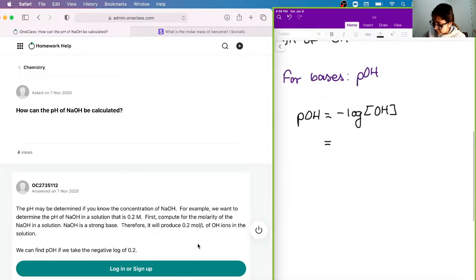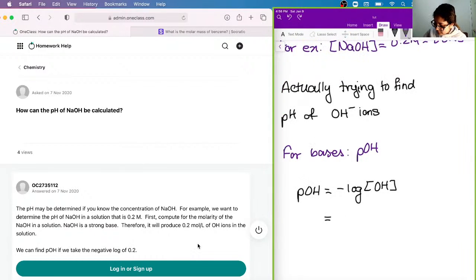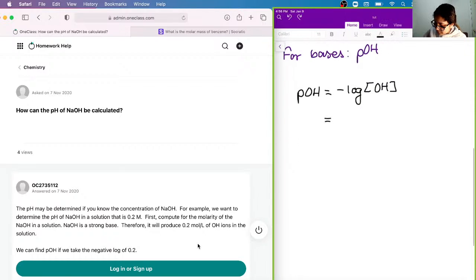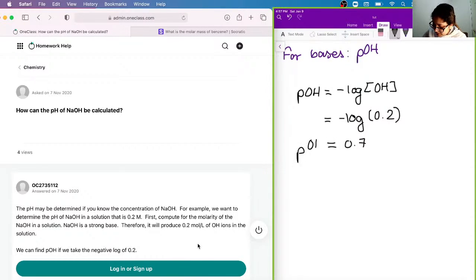We can substitute 0.2 for OH here. So we have pOH equal to the negative log of 0.2, which gives about 0.7.